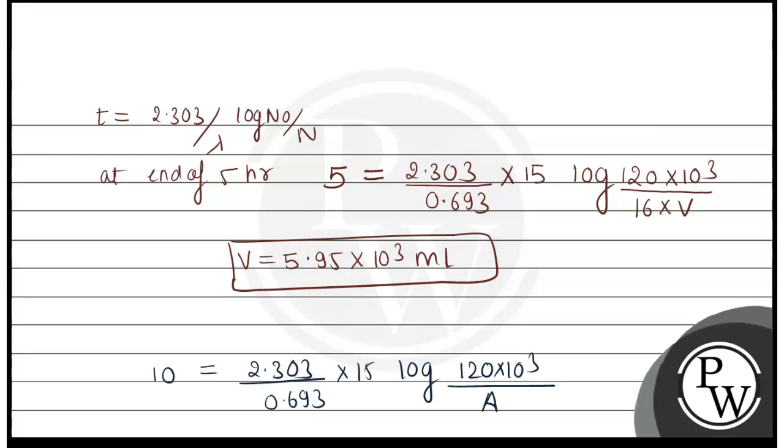Now after calculating we get A as 75.6 × 10^3 dpm, but it is for V mL, because we have calculated it here for V mL.